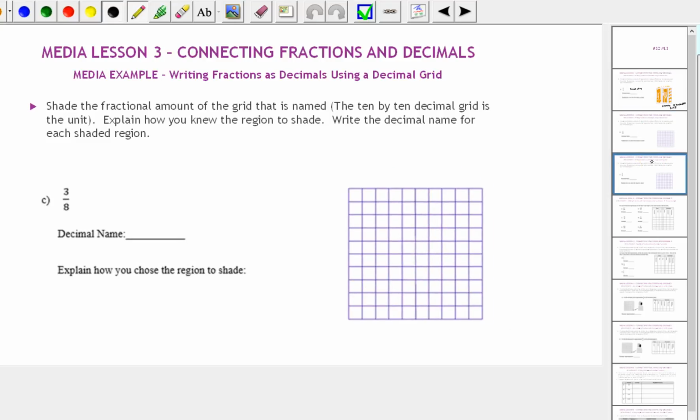Okay, here we have 3/8, which terminates but in the thousands place. Okay, so this can be a little bit tricky. So first, here's 8 columns. So for these 8 columns, we'll shade 3 of them.